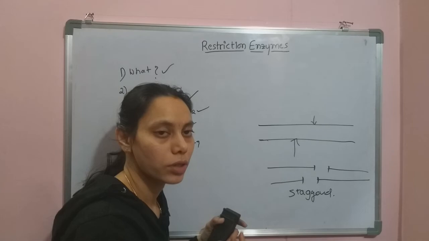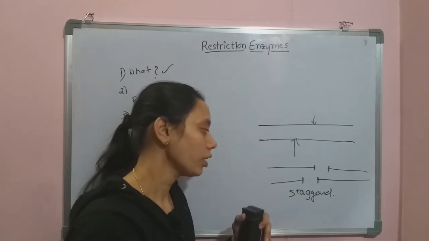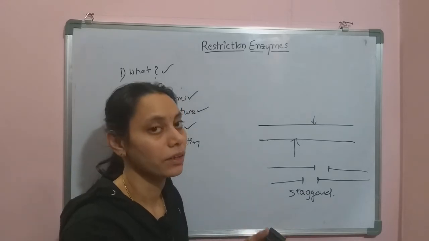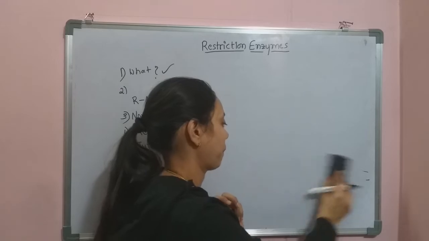So there are two types of restriction enzymes again which can form blunt ends and staggered ends. Let us go with the examples.